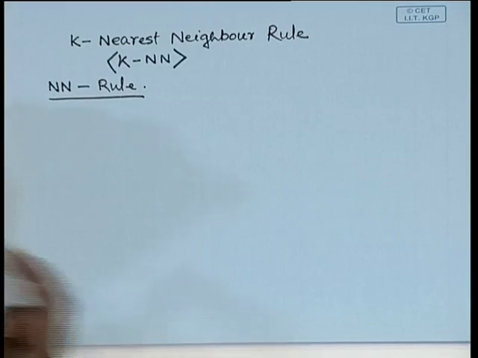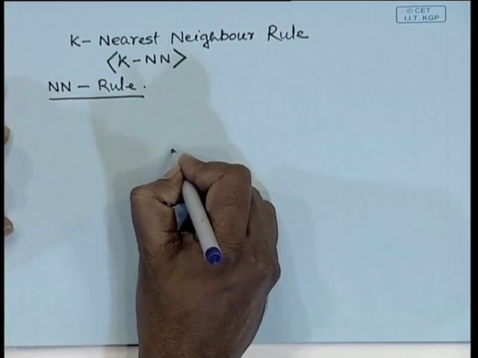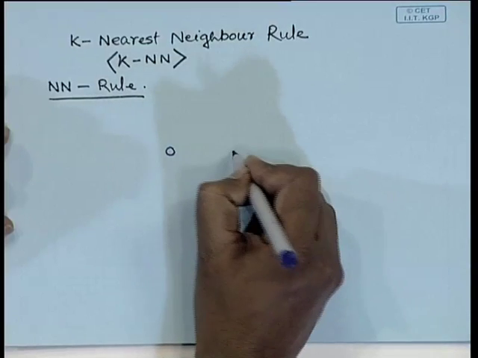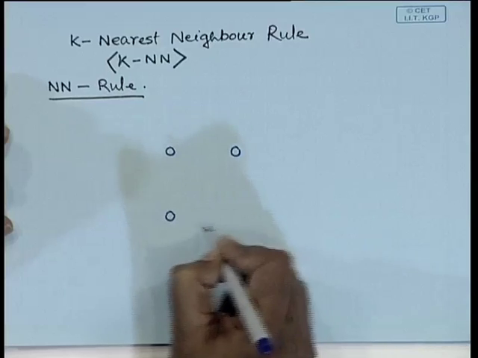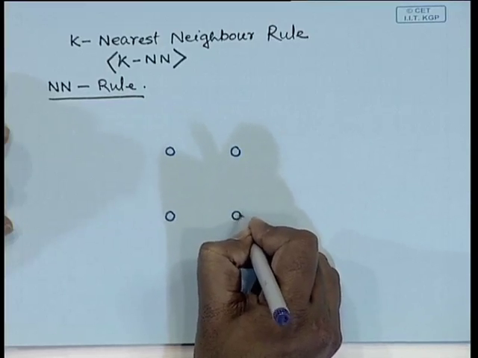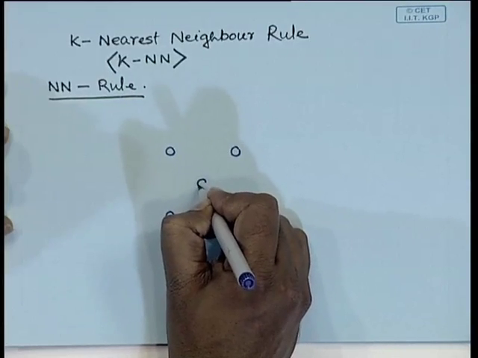Say I have a number of samples. So, this is one sample, this is one sample. This is one and this is one, and I may have another sample somewhere over here.